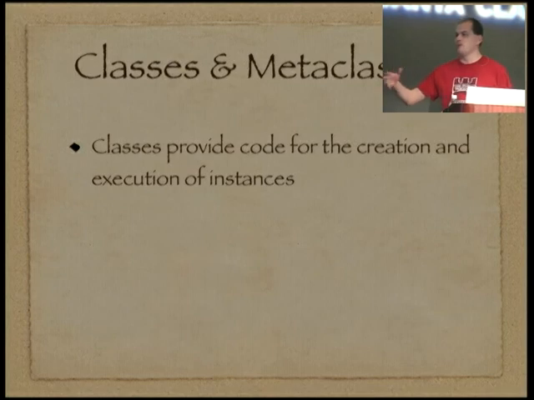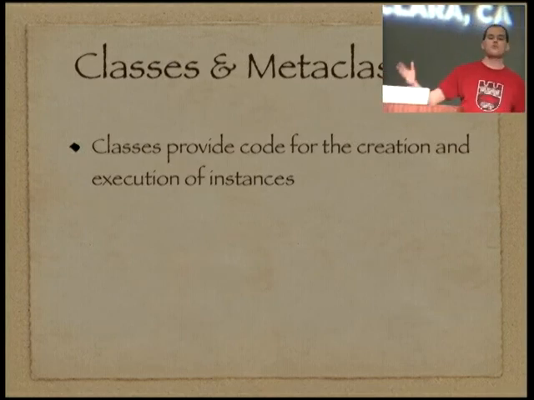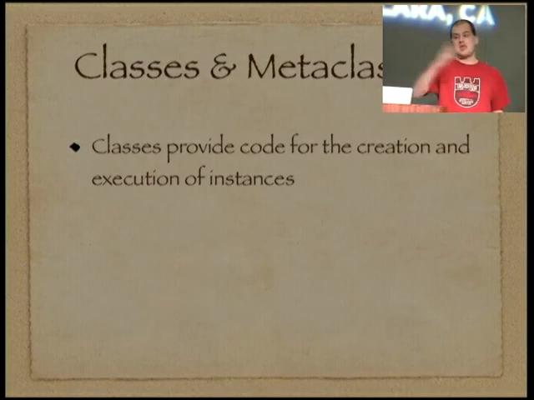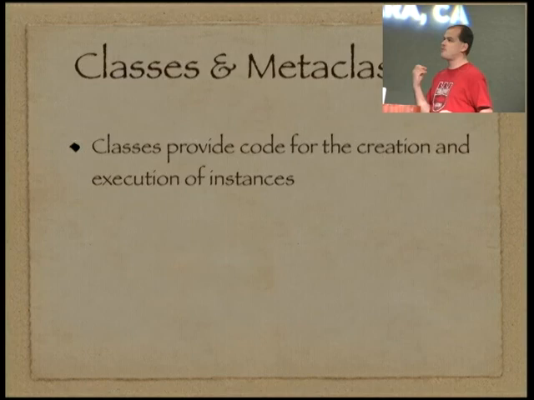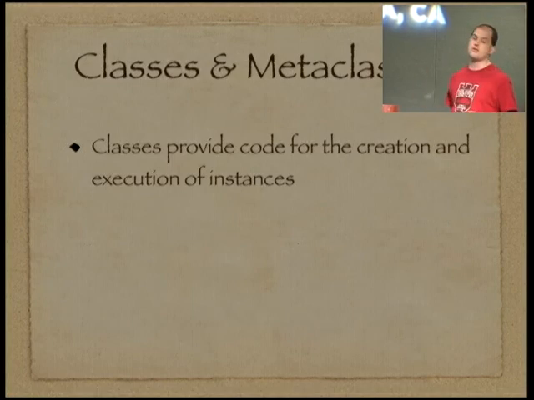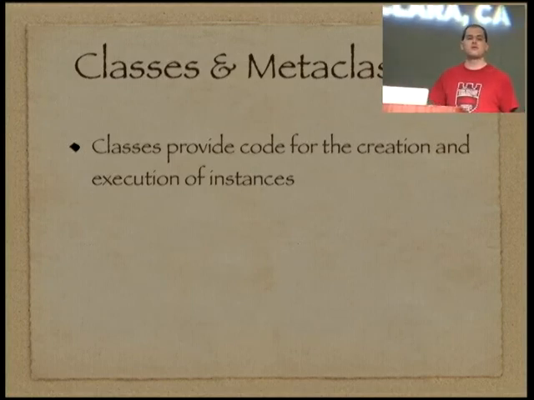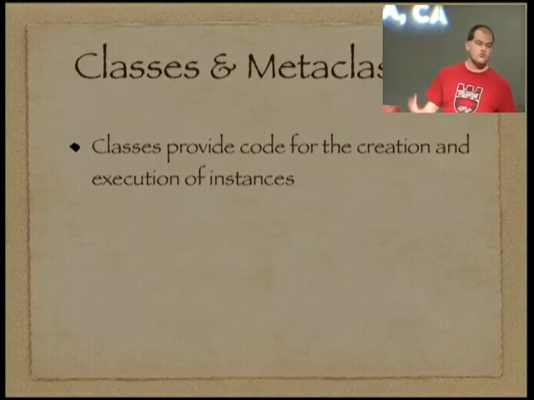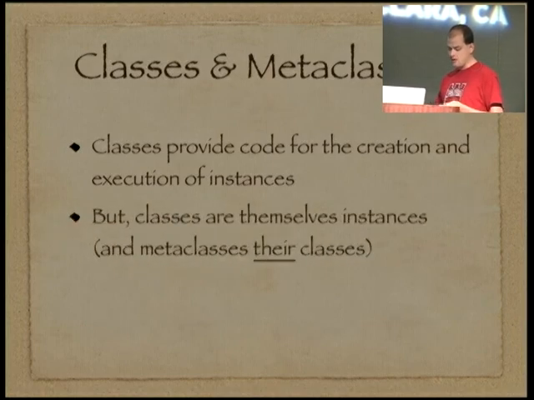And again, I keep coming back to this point because I want to make it as clear as possible. If I say this in three different ways, I'm hoping that saying it in different ways will resonate with different people. We all know that classes provide for the creation and execution of their instances. Classes tell us how instances are to behave, how they're supposed to be constructed, how they're supposed to run, what they have, all that kind of thing.